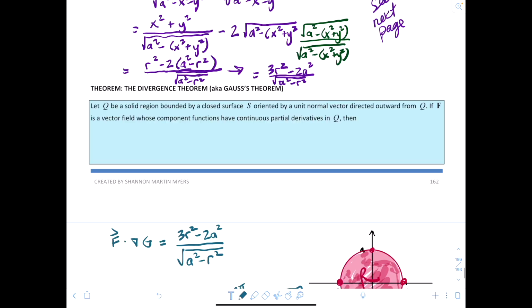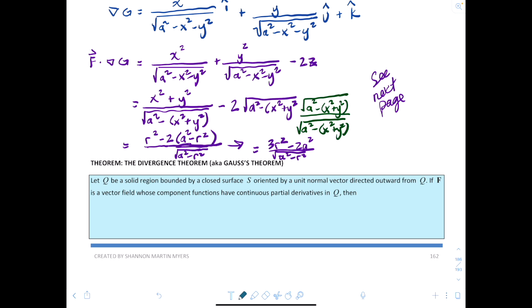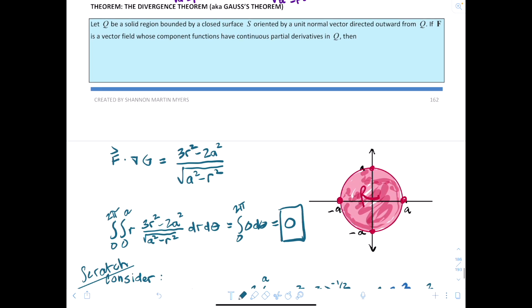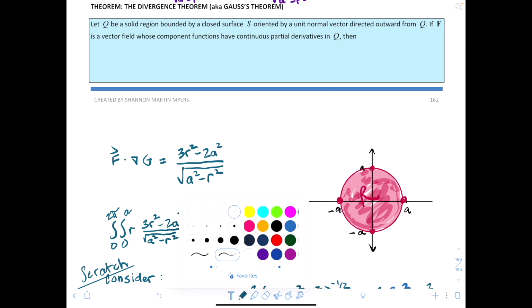All right. Well, cool. We got that done. That was a good review of improper integrals and integration by parts, right? So let's take a look at Gauss's theorem, which is the divergence theorem.